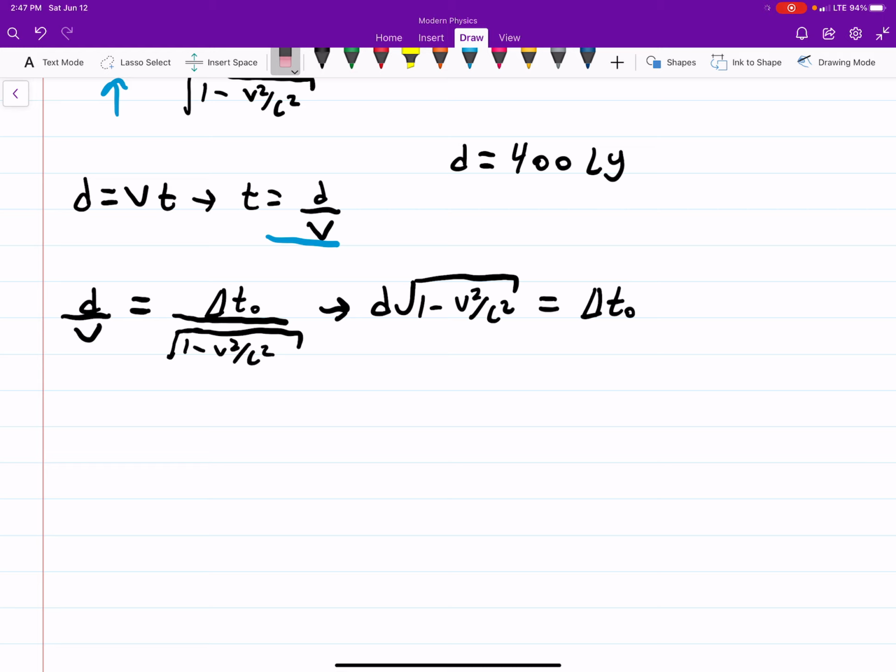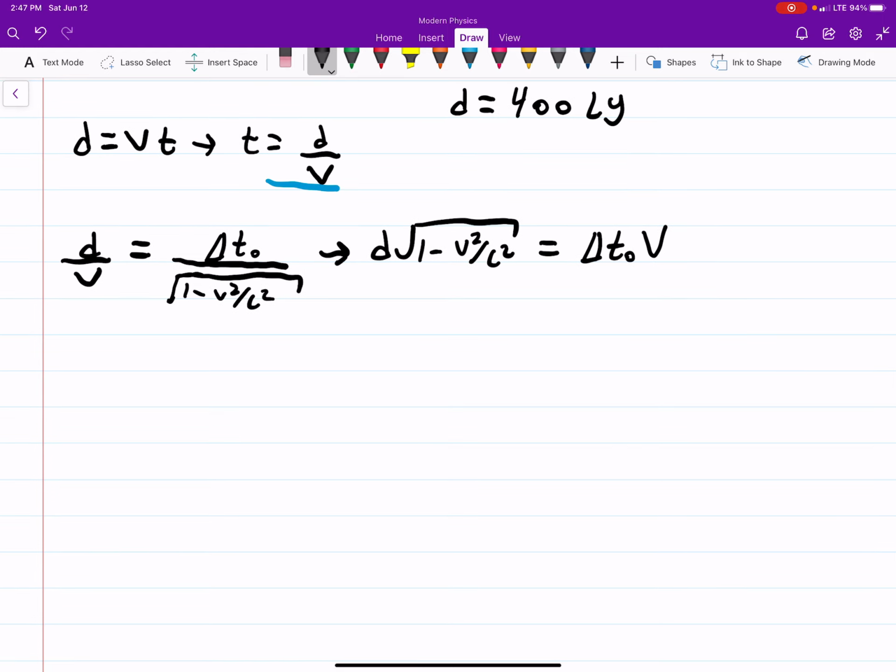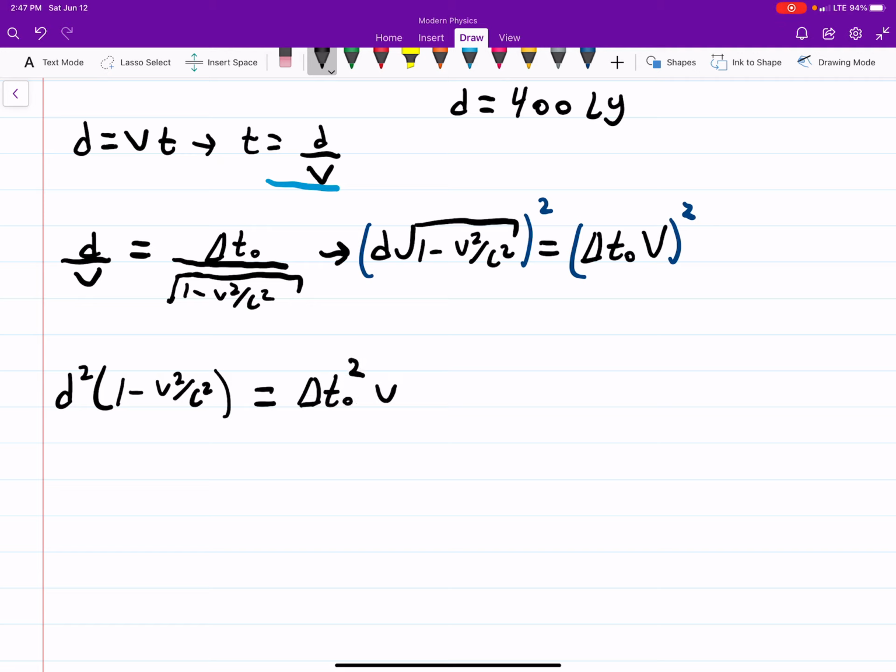I could just call that T naught 2, but too late. So now that I cross multiplied and got rid of the fractions, I'm going to square both sides to get rid of the radical. So that gets me d squared times (1 minus v squared over c squared) equals delta T naught squared v squared.